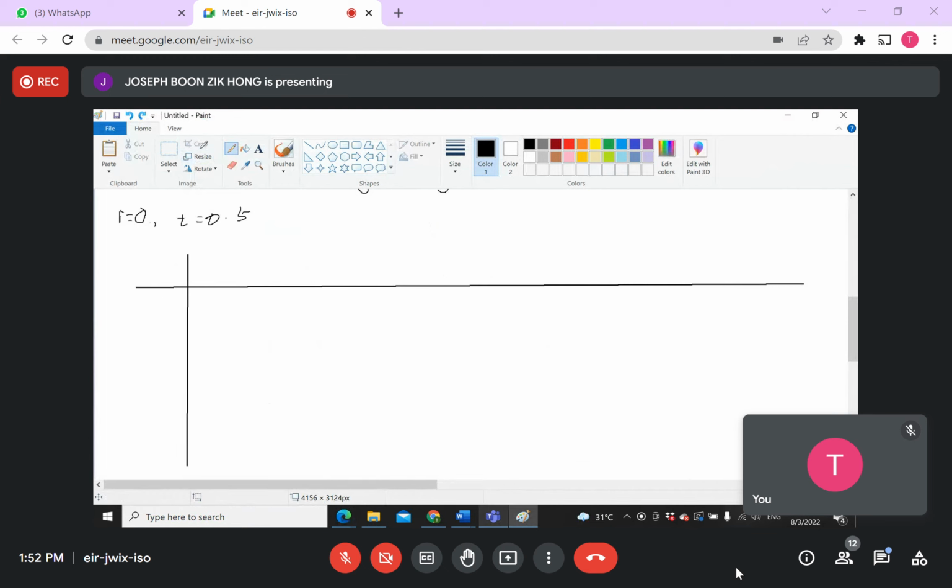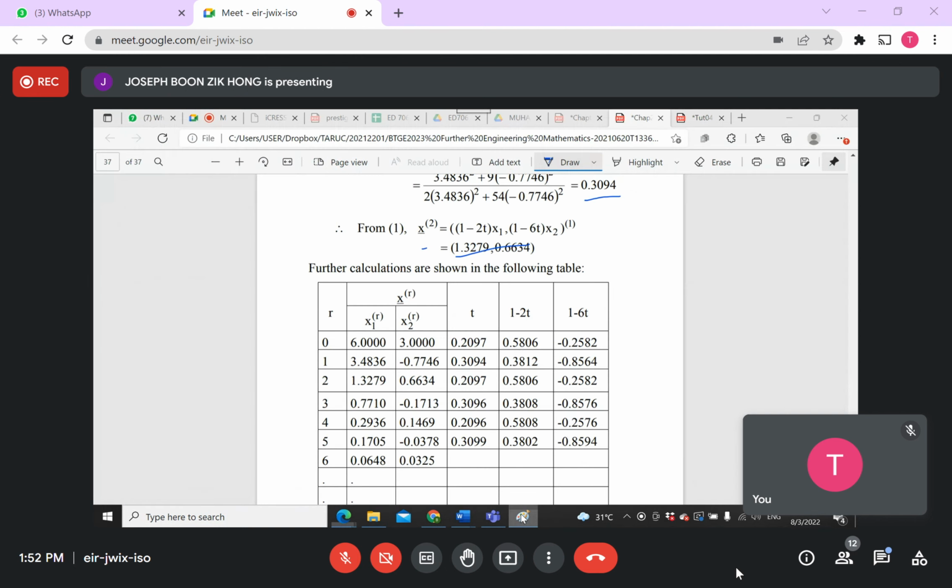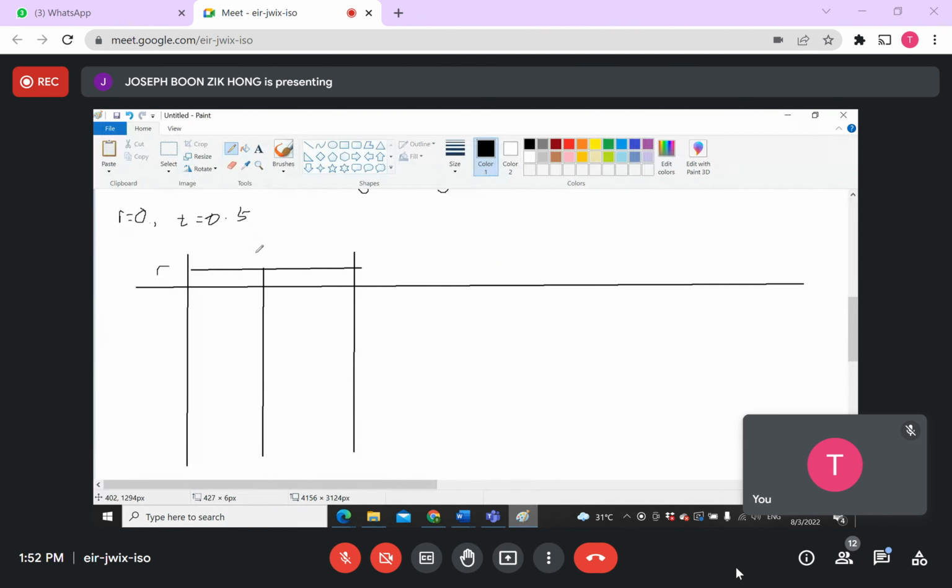So I have r, and this one will be my xr. I use the formula of this one. This is a formula for your x and y. So this is your x, this is your y.